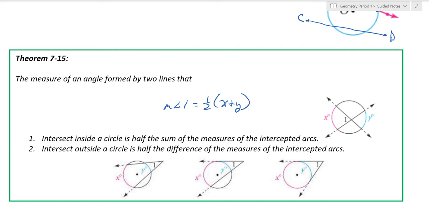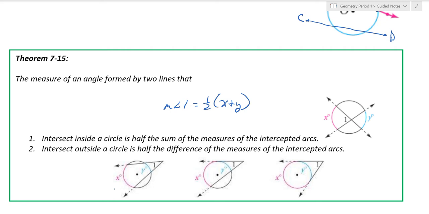That's case 1. Case 2, intersect outside a circle, is half the difference of the measures of the intercepted arcs. Now we have 3 cases that we can take a look at: 2 secants in the first image here, a secant and a tangent, and 2 tangents. Either case will work.